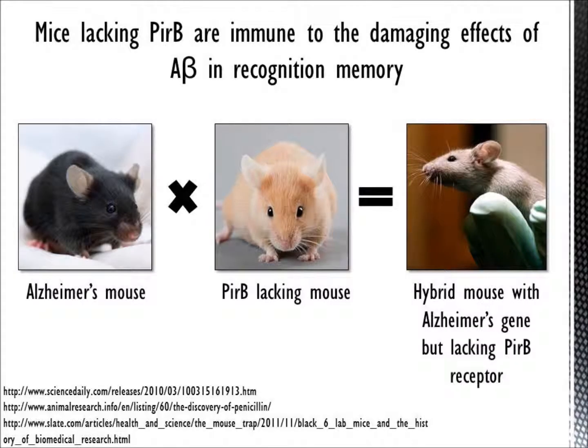To test whether PIRB contributes in vivo to cognitive deficits, a mouse with the Alzheimer's gene and a mouse that lacks PIRB were crossed to produce a hybrid mouse with the Alzheimer's gene that lacks PIRB.